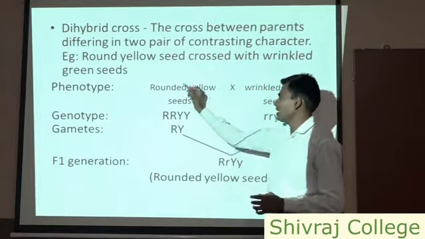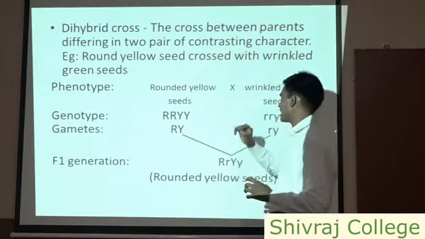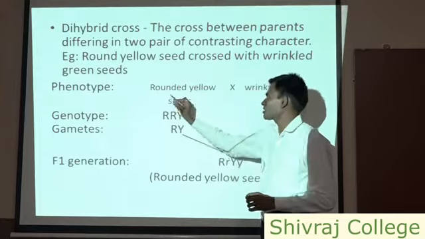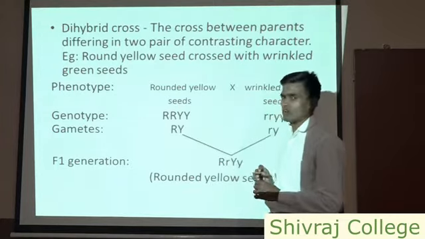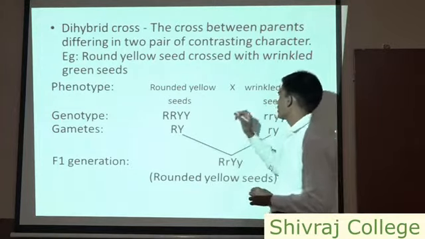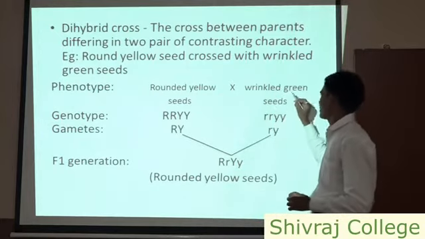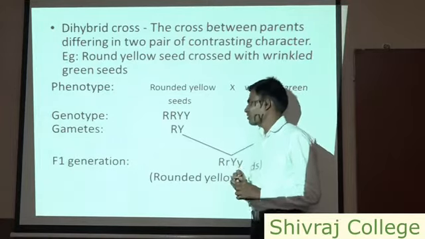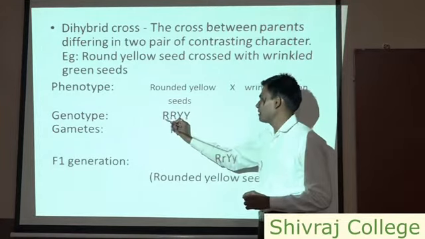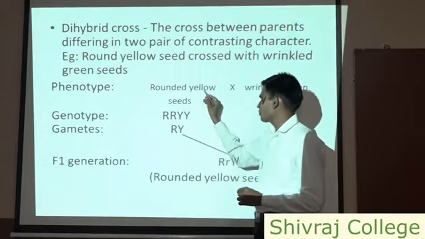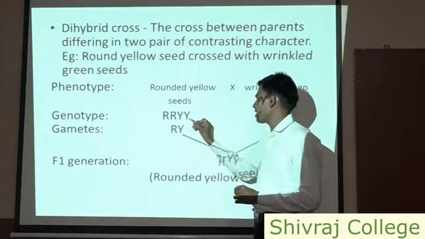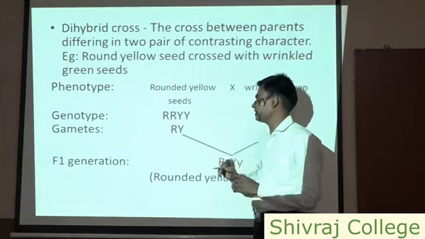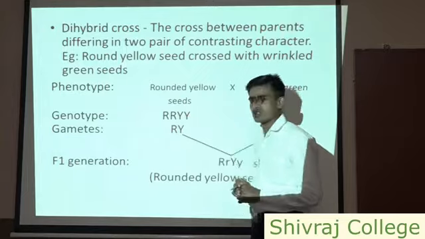So we consider one plant as male, another plant as female. These parent plants have the phenotypes: round shaped yellow colored seeds, and wrinkle shaped green colored seeds. For round shape, the genotype is capital R, and for yellow color, capital Y. So 2 factors, that is 2 alleles, are responsible for formation of the round shape.